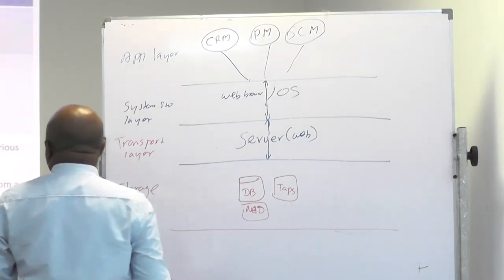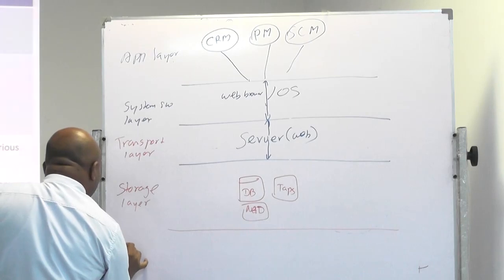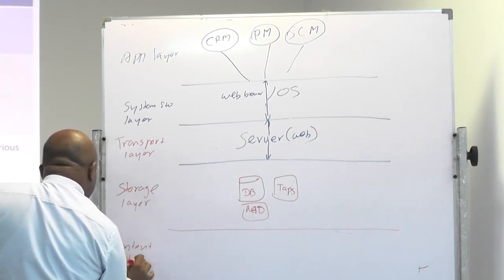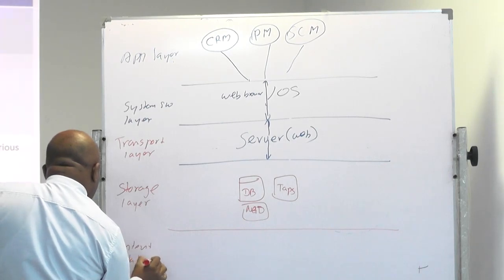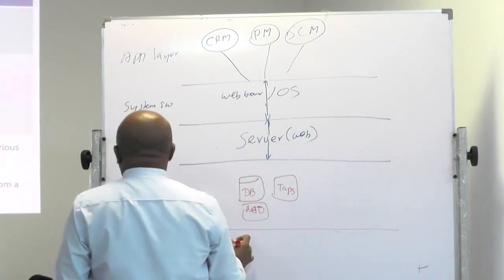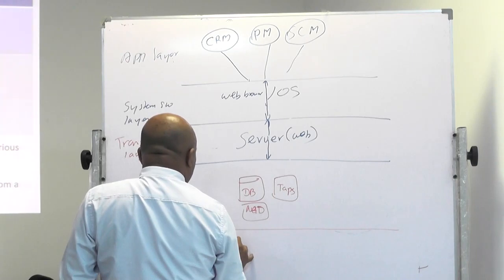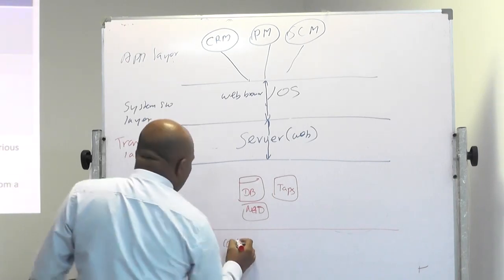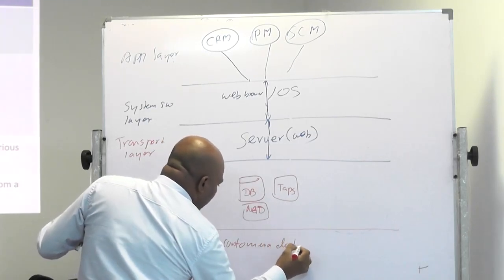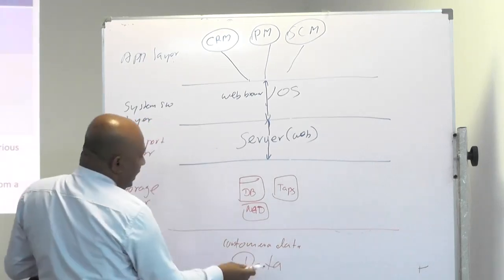And there is another, the content and data layer, where we have customer data.